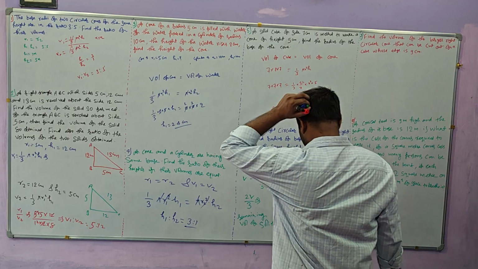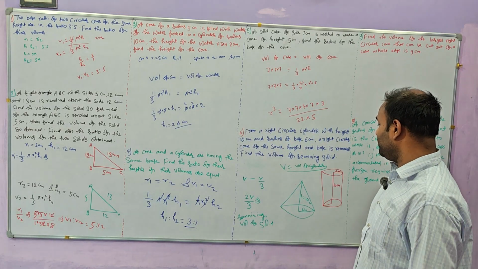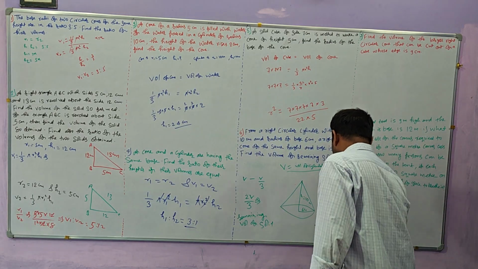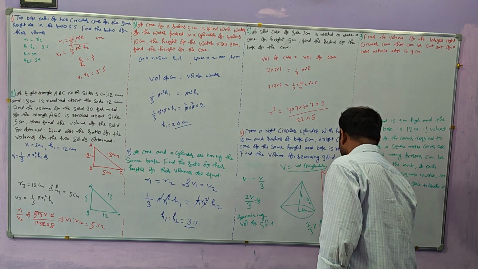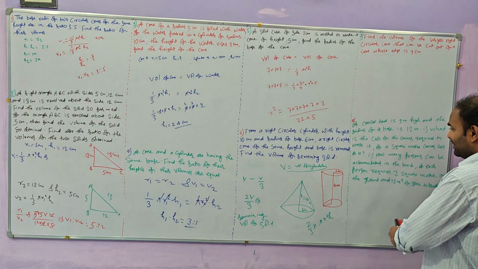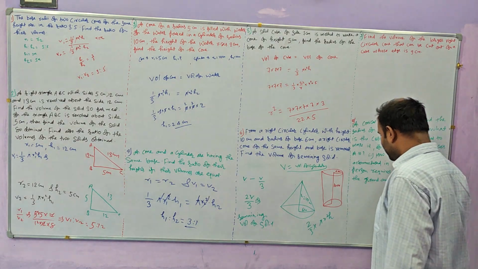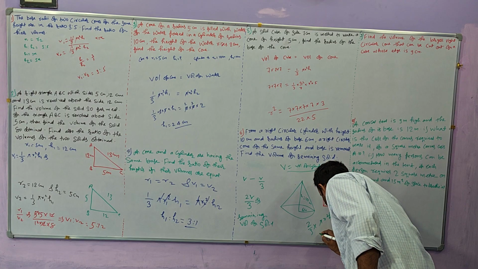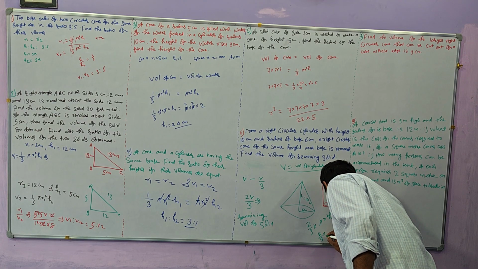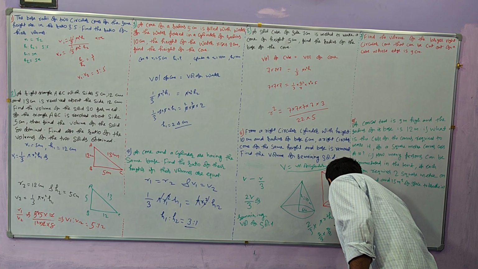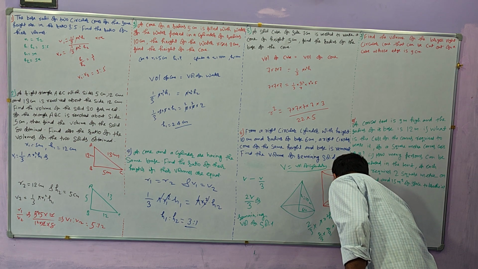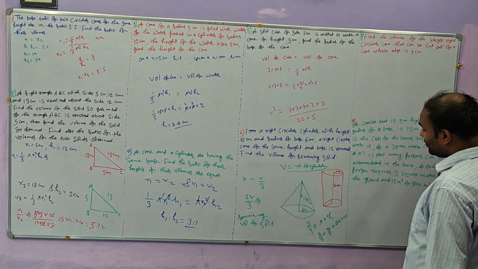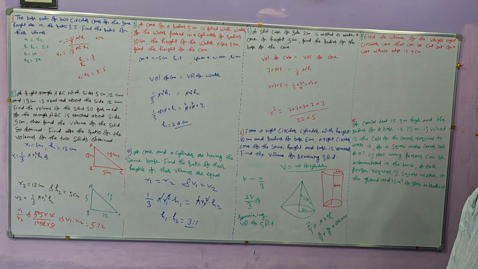We know the remaining volume of the solid is 2 upon 3 V. So we can directly do 2 upon 3 into pi r square h. The radius and base are the same, and there is no involvement of theta in this question. So 6 into 6 into 10. So we easily find out the remaining volume of the solid.